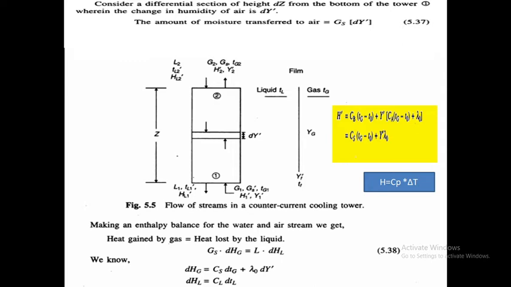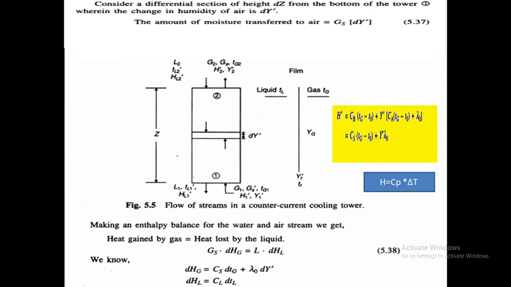Okay. For liquid at entering condition, flow rate is L2, temperature is TL2 dash, enthalpy is HL2 dash. For liquid at leaving condition, the flow rate is L1, temperature is TL1 dash, enthalpy is HL1 dash. Are you clear? Okay.